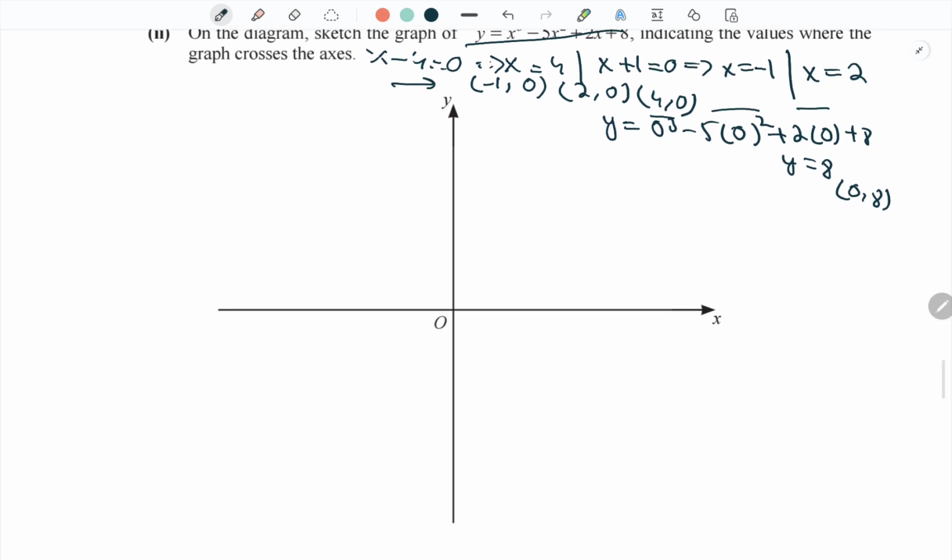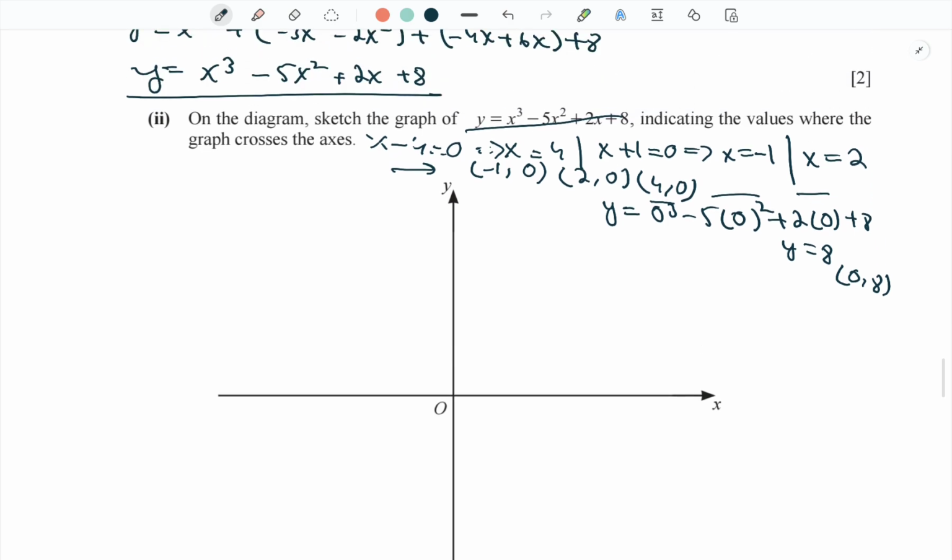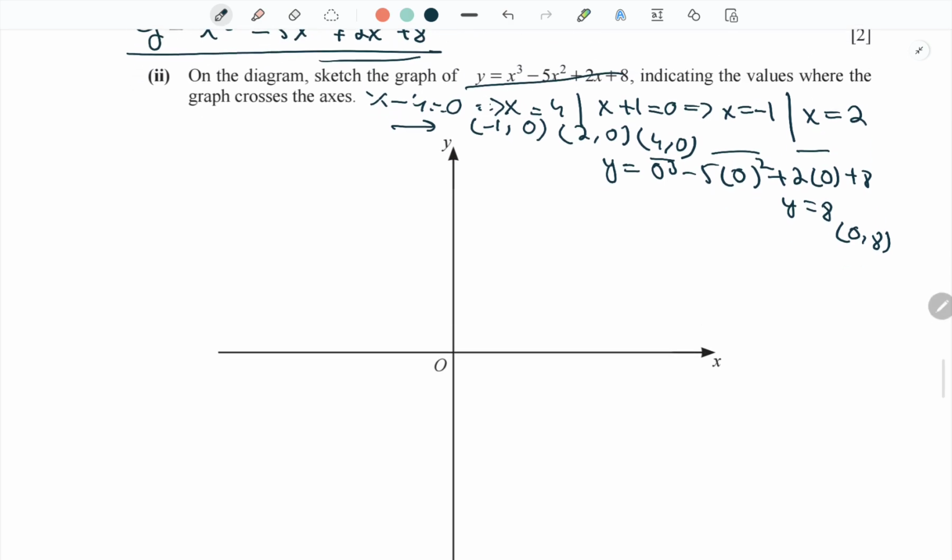Okay, so when we draw the graph on the diagram, sketch the graph, it's labeled here. First we write the positive x points, then we have the negative x points. What are the positive x points we have? That is x equals 4, right?